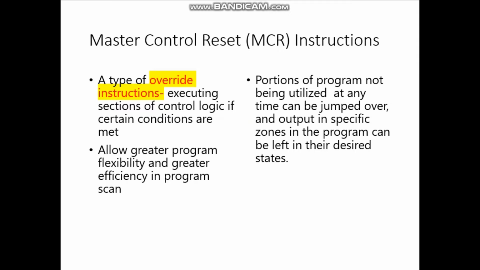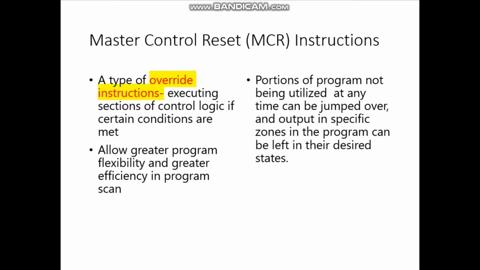The master control reset instructions are put in place to execute sections of control logic if certain conditions are met. With MCR instructions, you have more flexibility and greater efficiency in program scan. As we know from the beginning of the lecture, program scan is where the PLC scans the whole program, and the more lines you have in your program, the longer it takes to execute.